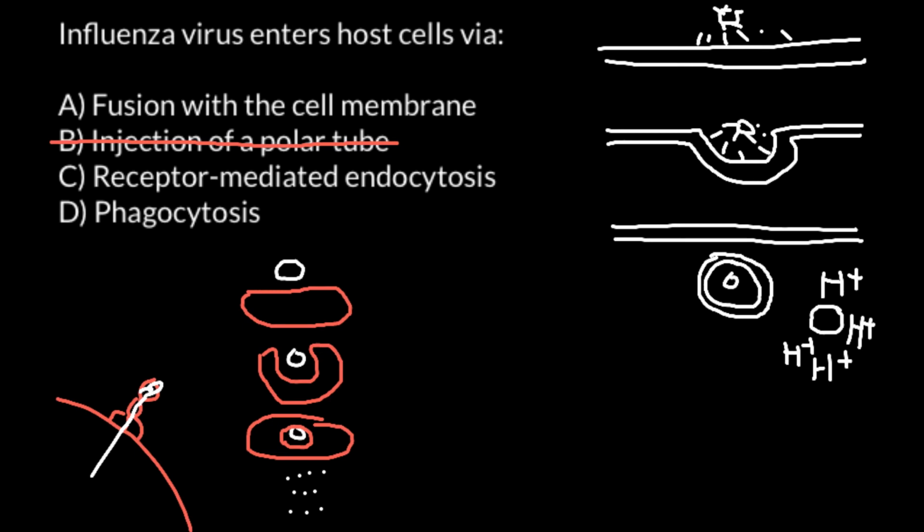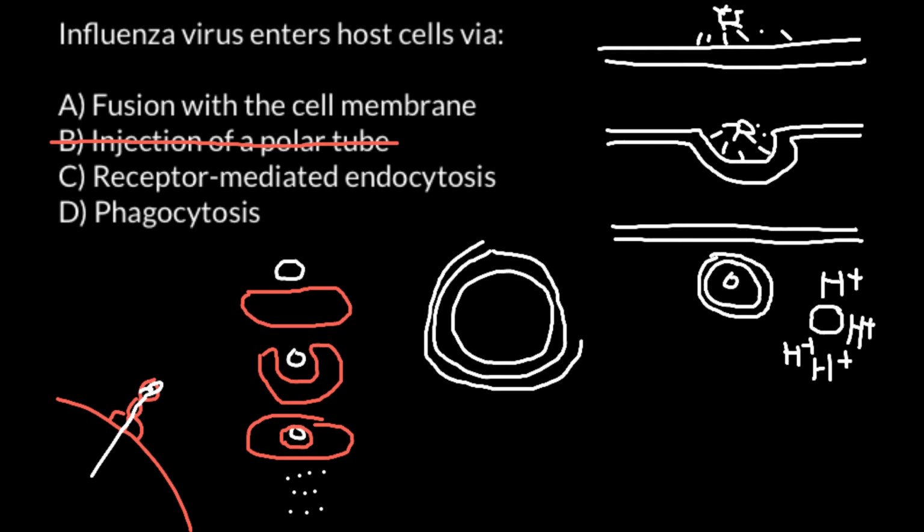So first of all, this virus has a protein coat that we call matrix, and outside this matrix it also has a lipid bilayer that this virus acquired when this virus exits the cell.